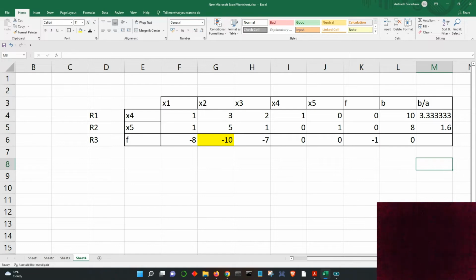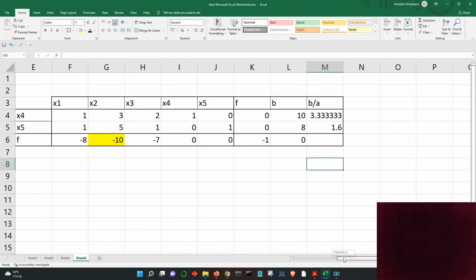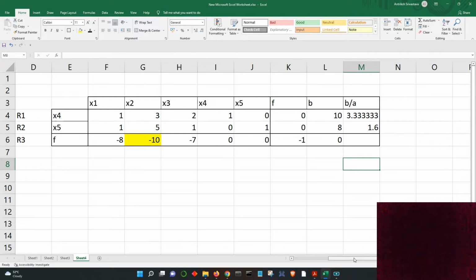This is okay. Okay. So now you guys tell me what is the variable that is going to go out? X5, correct. So X5 is going to go out. So let's highlight them. X2 is going to come and X5 is going to go.